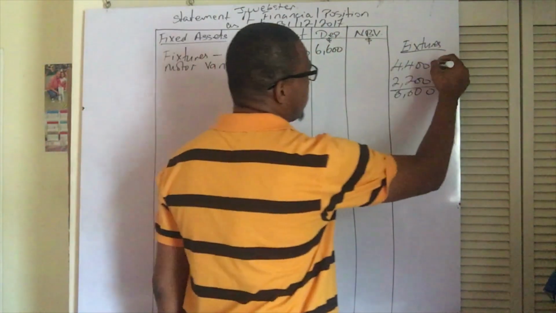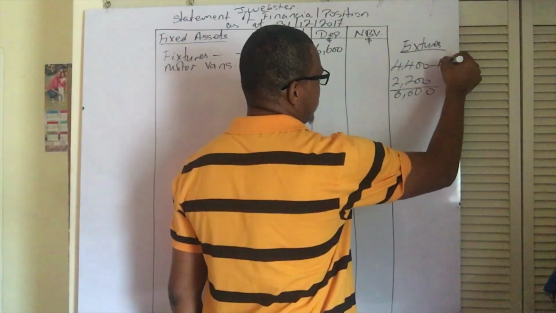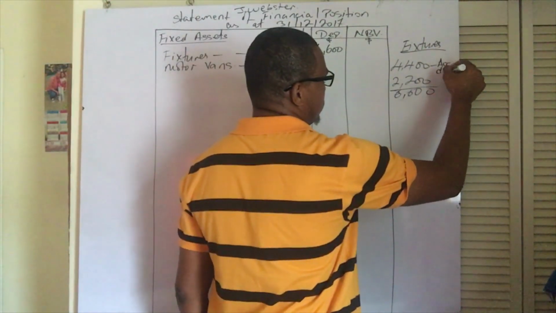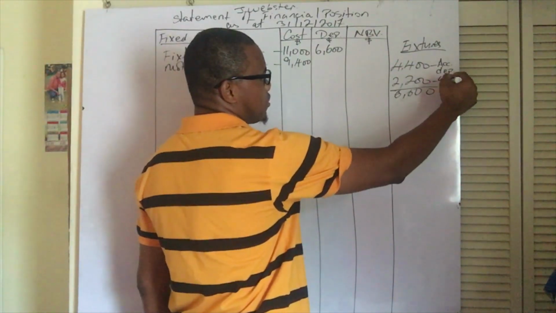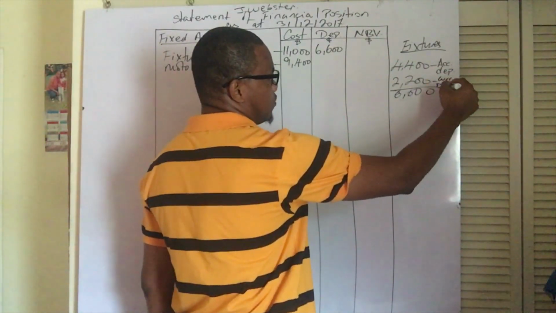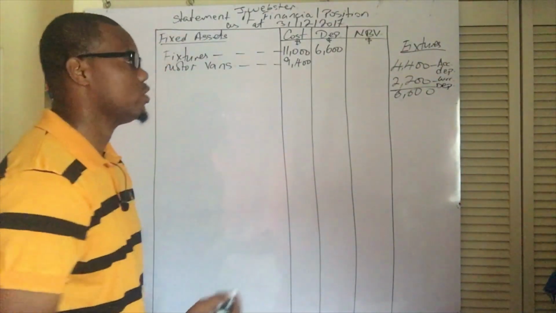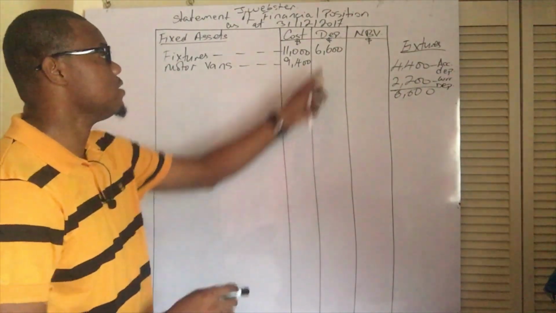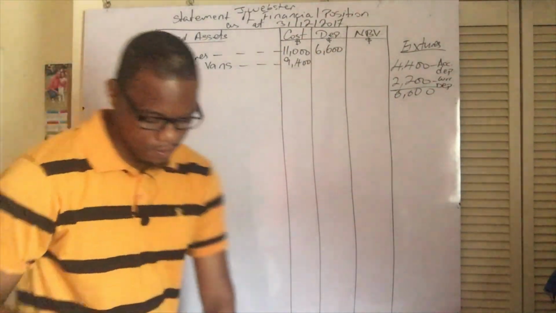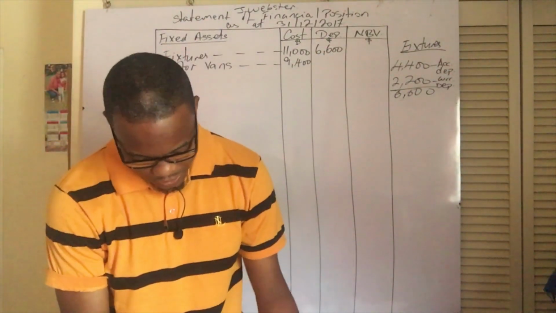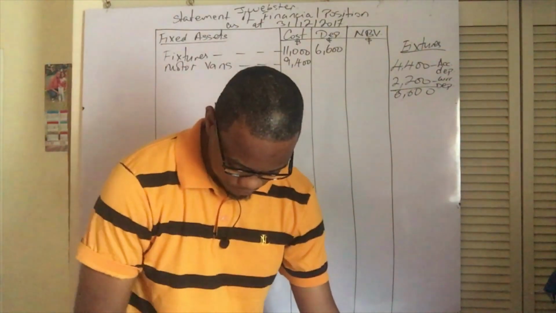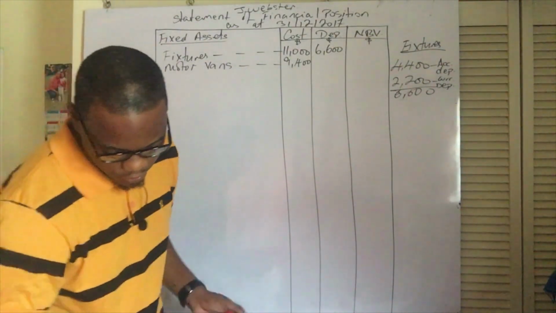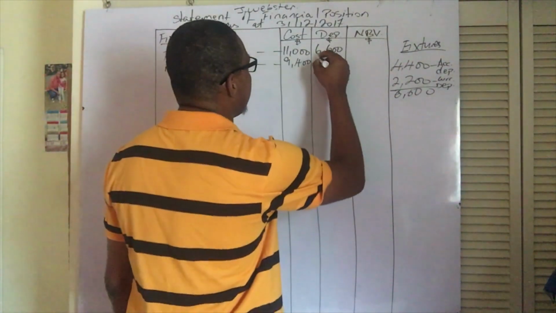So this is the accumulated depreciation, and this here is the current depreciation. I normally just tell my students to footnote depreciation. So that is how I get the 6,600. The same will be utilized for the motor vehicle. So motor vehicle will be 3,980.